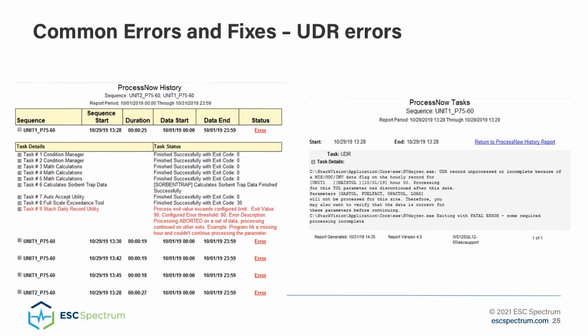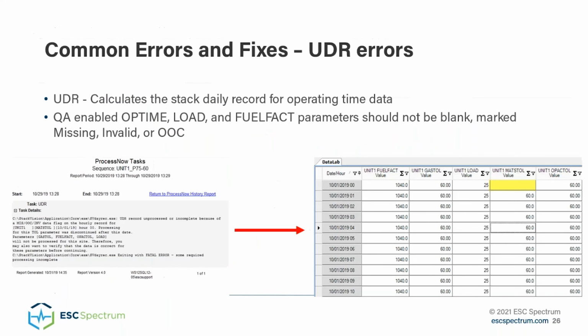So kind of troubleshooting from here, first thing we would do is go to Data Lab, and we would look up that parameter, that date, that hour, that unit, and we see here in our Data Lab that we have a blank value.